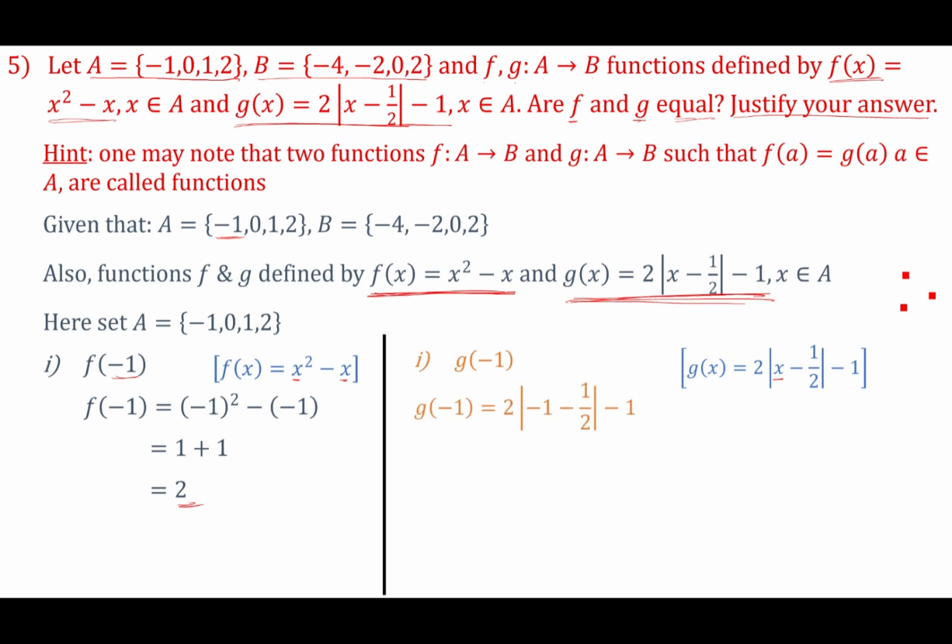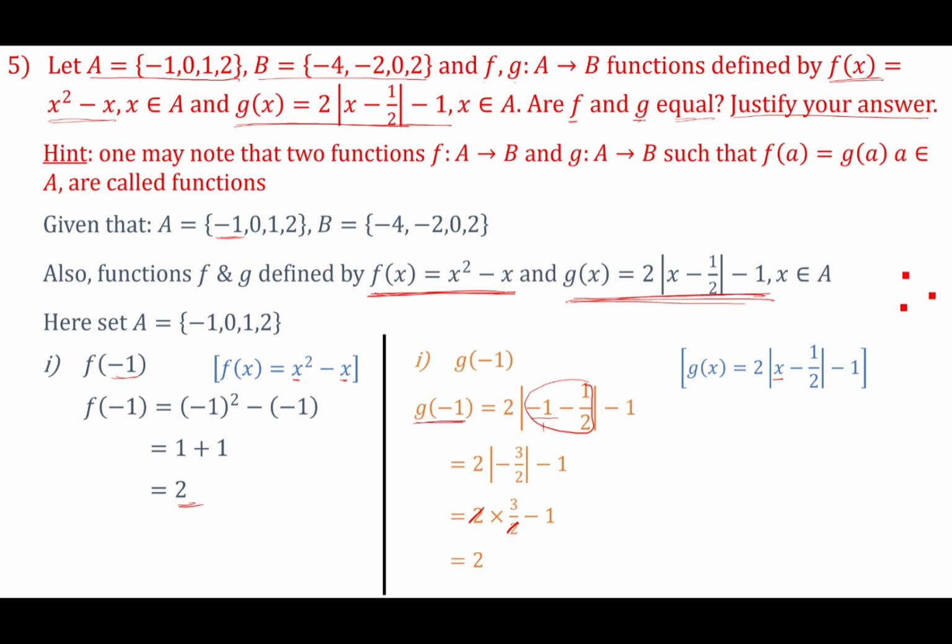Check, in place of x, I wrote -1. By solving the denominator as -1, I solved this one. I got -3 over 2, and the modulus of -3 over 2 is positive. And here, 2 and 2 cancel out, and 3 minus 1 will be 2.